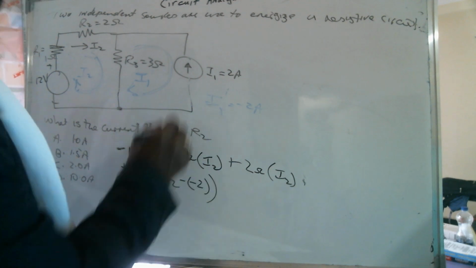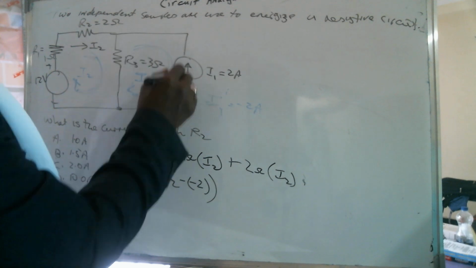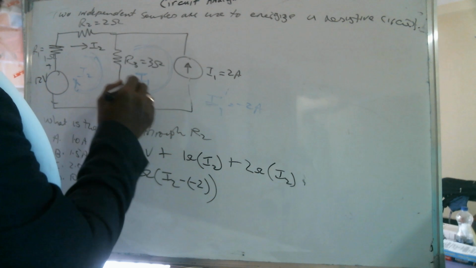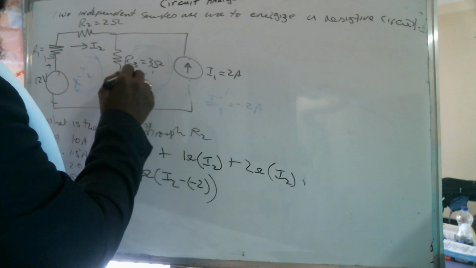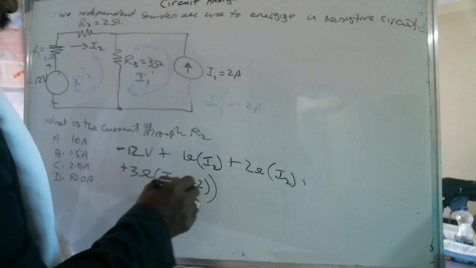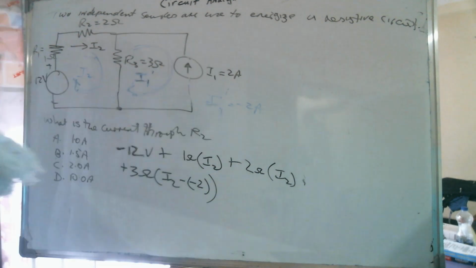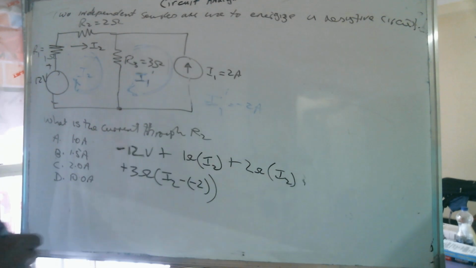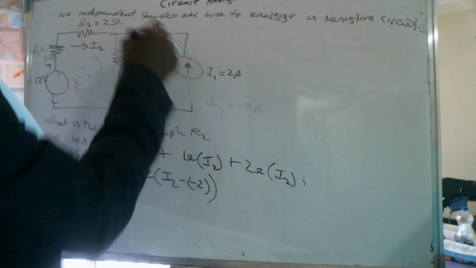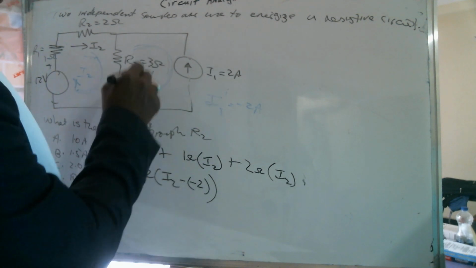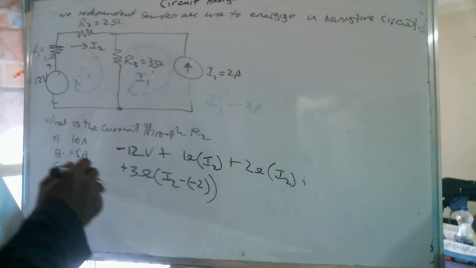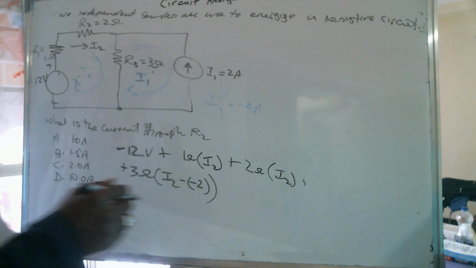Since this is opposing the flow of the source, it would have been minus I1 only, but this is I1 prime, since it is opposing the source flow. So that becomes minus 2, the 2 amps flowing in the direction opposite to the clockwise flows that we're taking as positive.